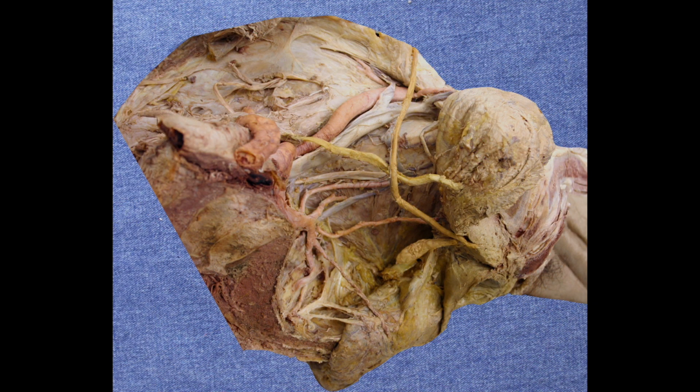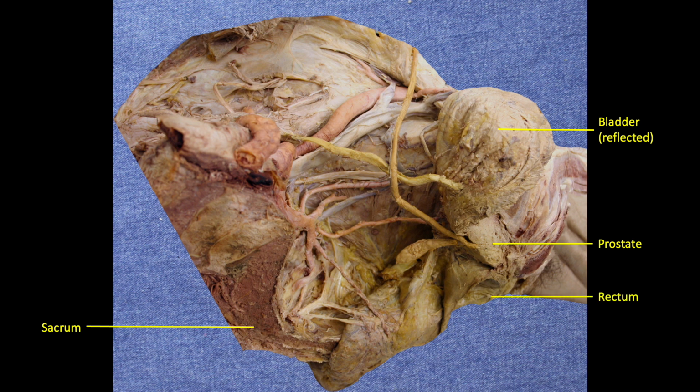After considerable fine work with the scissors and removing as much of the peritoneum as possible, we can look at the true pelvis free of most of its veins. The reflected bladder and sacrum are labeled for orientation. The prostate, inferior to the bladder, is now labeled, as is the rectum.